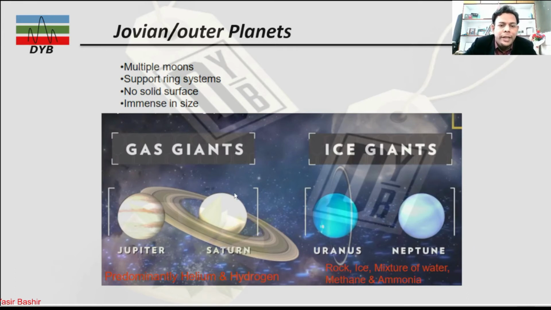Jupiter and Saturn are the gas giant planets, and Uranus and Neptune have a lot of ice on their surface, so we call them ice giant planets. The gas giants are predominantly made of helium and hydrogen, while the ice giants are a mixture of rocky ice, water, methane and ammonia. That's why we call them ice giants.